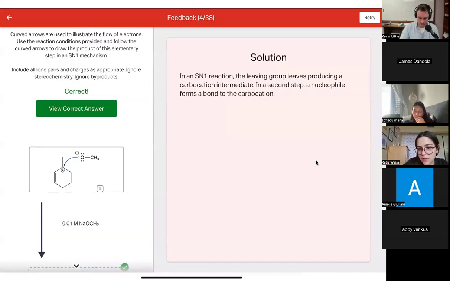I have a question on that one. How did you know that the oxygen was going to be bonded to the hexane, instead of the methyl group just attaching to the oxygen? Oh, is it because of the positive charge? No, it's because of the arrow.